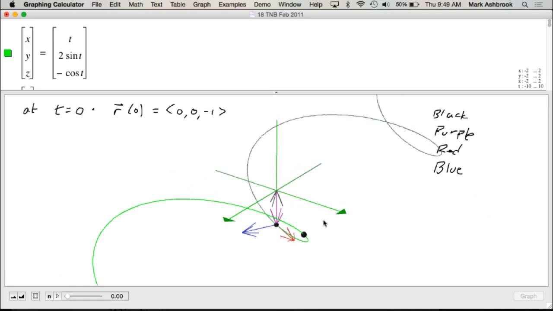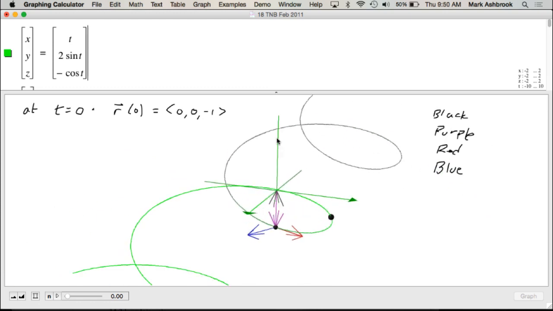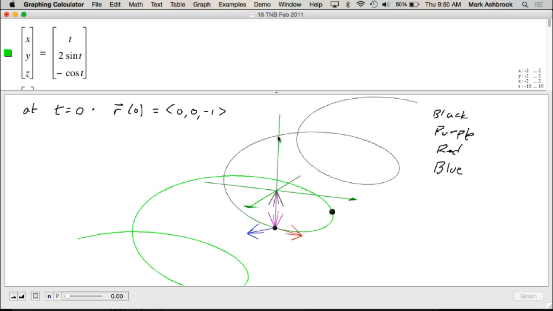We can just write it down. N of 0 is 0, 0, 1. Okay?